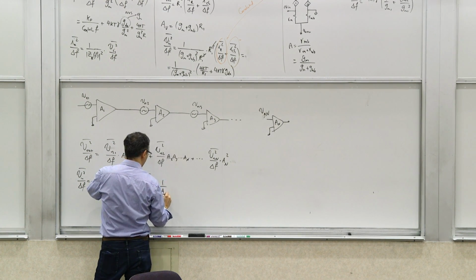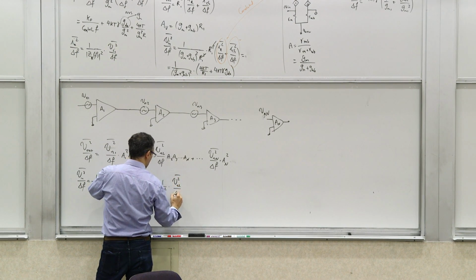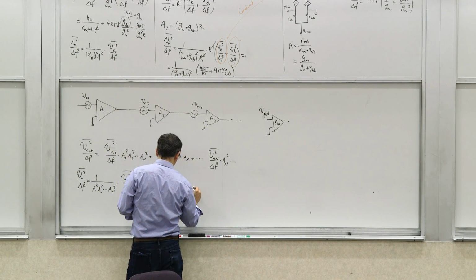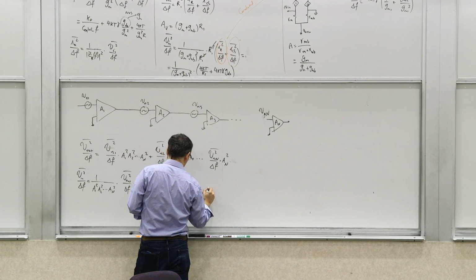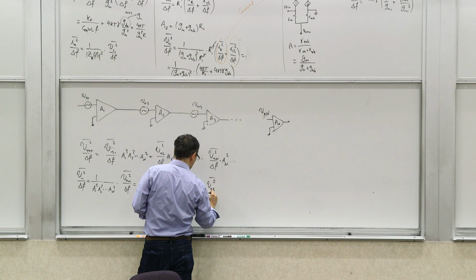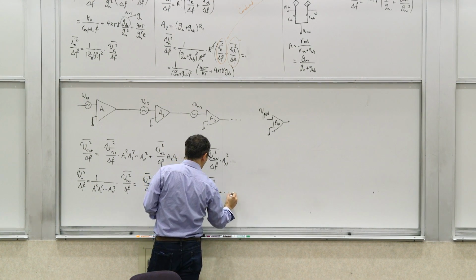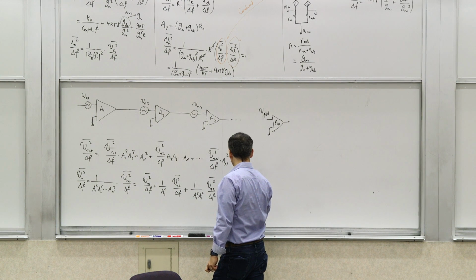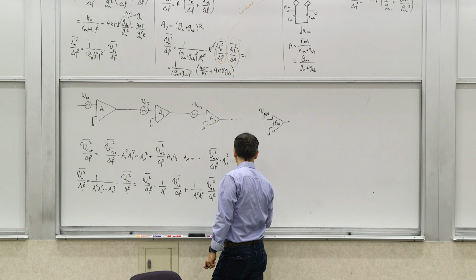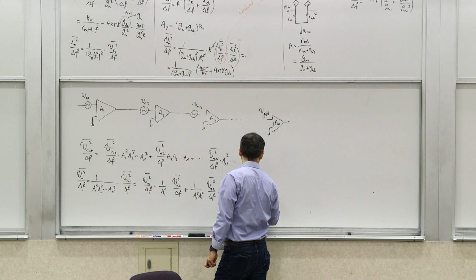Then 1 over A1 squared times Vn2 squared over delta F, plus 1 over A1 squared, A2 squared, Vn3 squared over delta F, all the way up to 1 over A1, A2, to An minus 1 squared, Vnn squared.